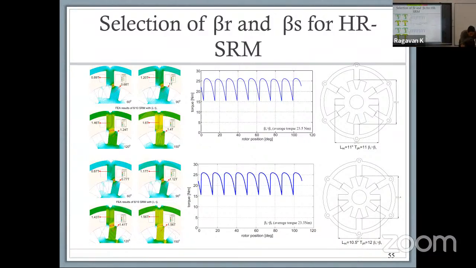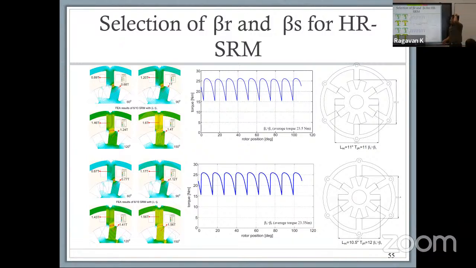And what you see here essentially is the first SRM, where your beta R is higher than beta S, which basically means the arc length you have for the rotor is larger than the arc length of your stator. When you go to the maximum electrical angle, your rotor pole arc is closer to the line position.